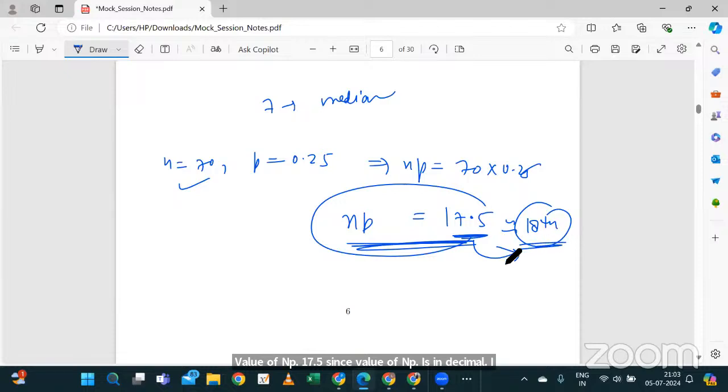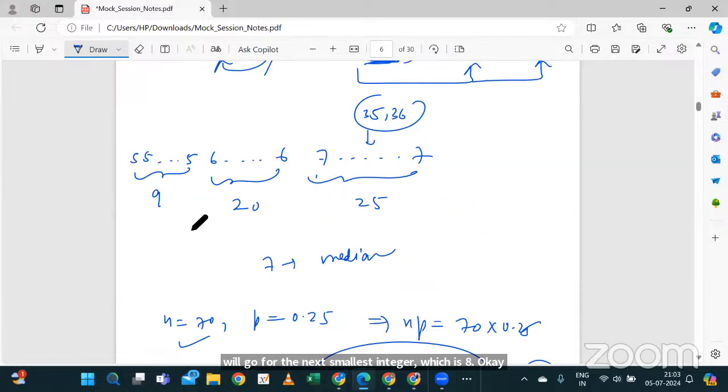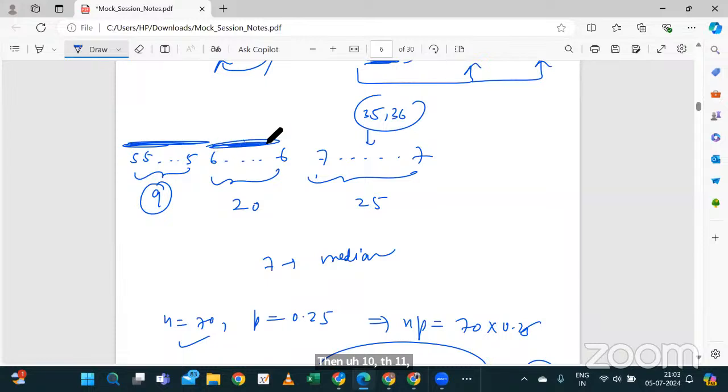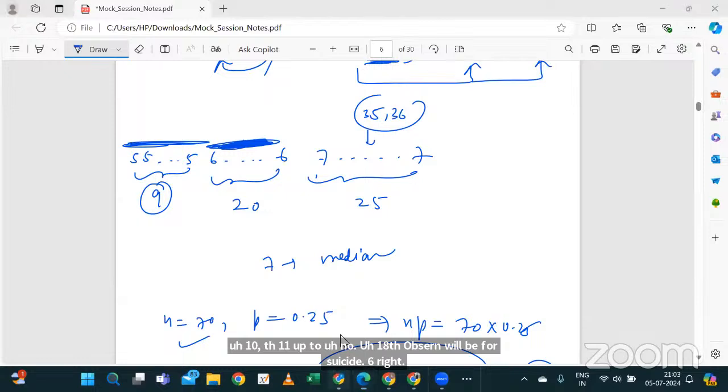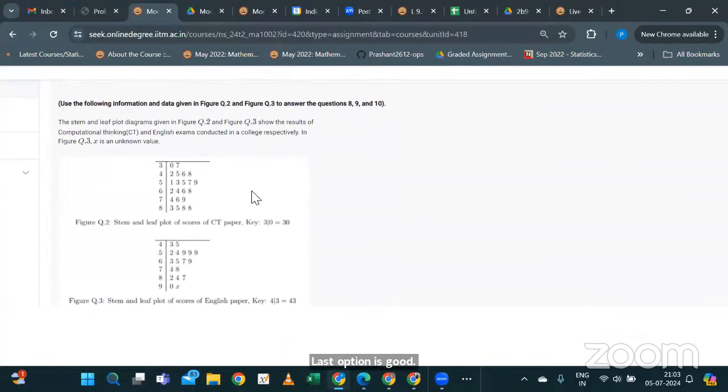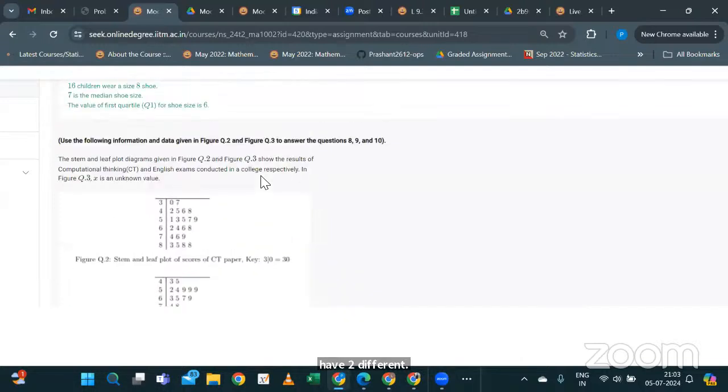Where will the 18th lie? 9 observations are for shoe size 5, then the 10th up to the 18th observation will be for shoe size 6, right? It will be here. So the last option is correct. For the interquartile range we take the difference between Q3 and Q1.